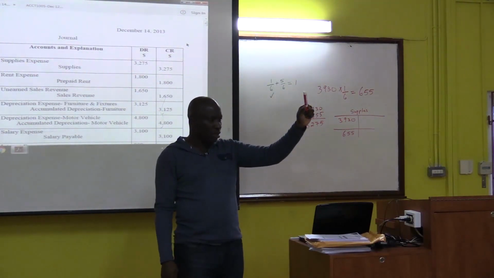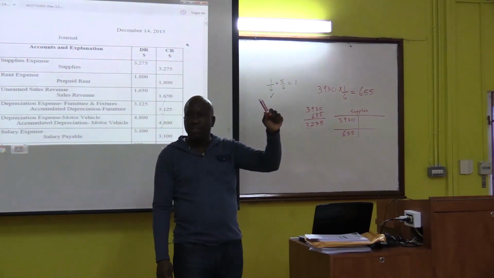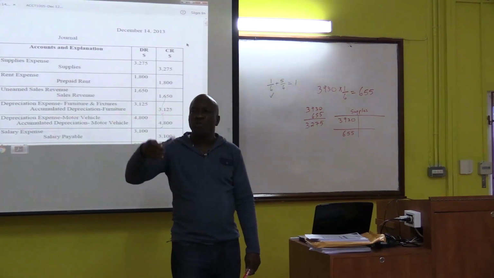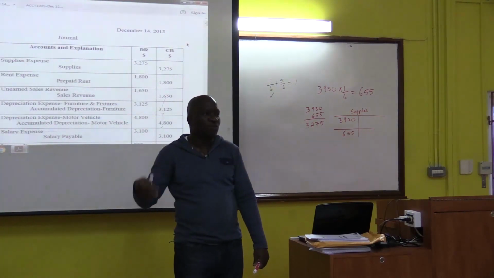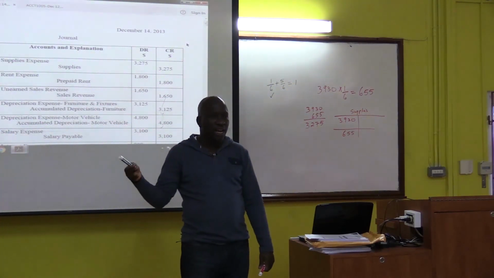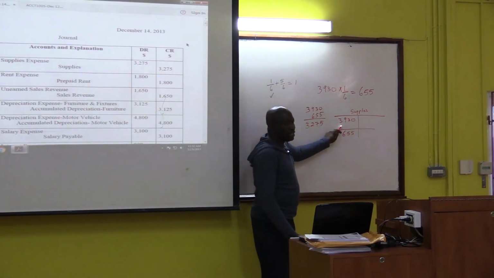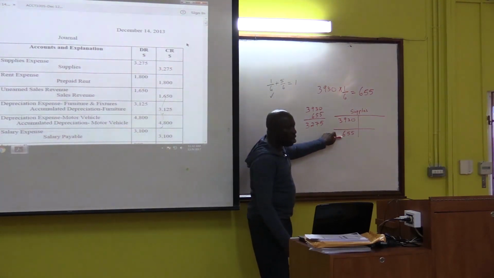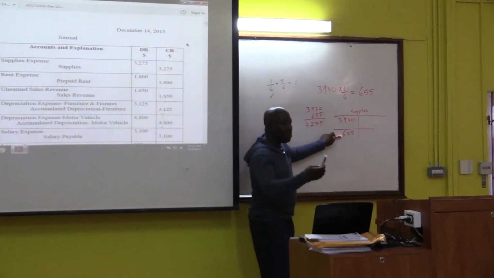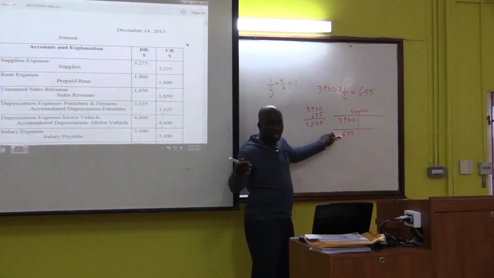Do you agree? So if only 1 is left, we must have used up the remaining 5, which is 5/6. Is that clear? So if initially we start off with the entire total on the debit side, and we only have 1/6 remaining, that means we must have used up 5/6. Is that clear?